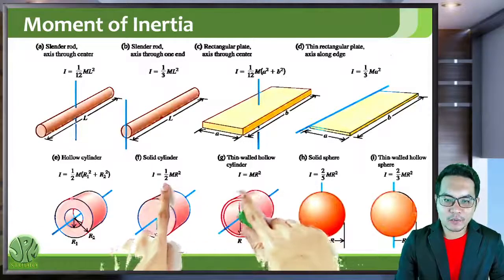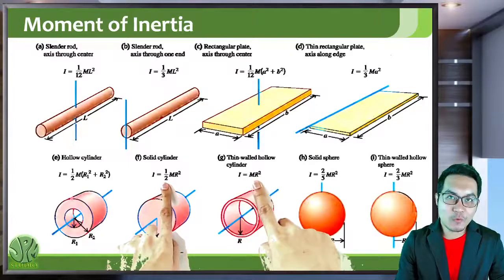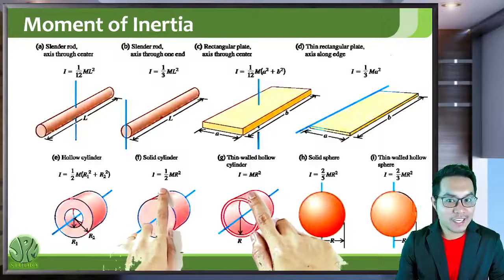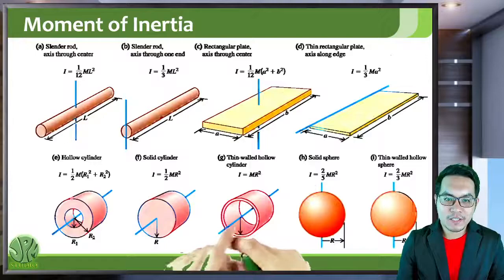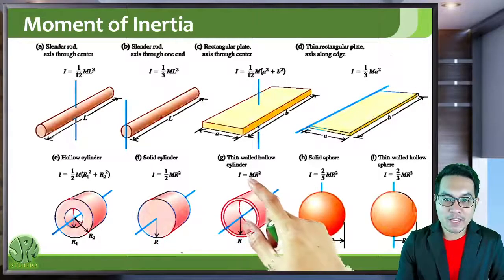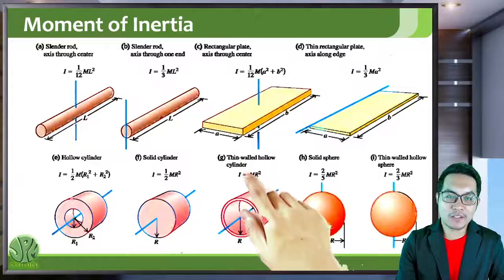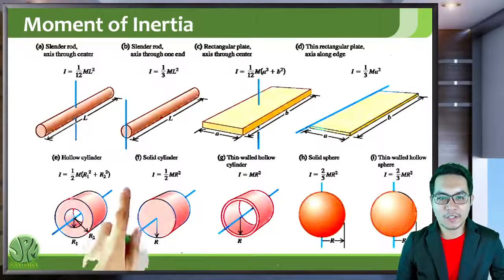Just comparing these two, 1/2 m r squared and m r squared, the thin-walled hollow cylinder has a greater moment of inertia compared to a solid cylinder, assuming they have the same mass m. So that means it's easier to rotate a solid cylinder than a thin-walled cylinder of the same mass, because the thin-walled hollow cylinder has a larger moment of inertia.